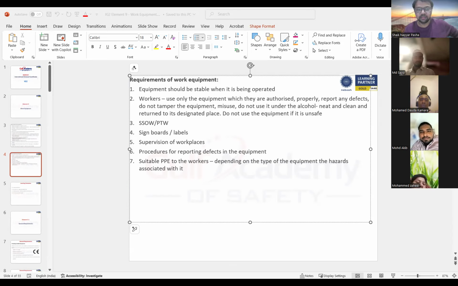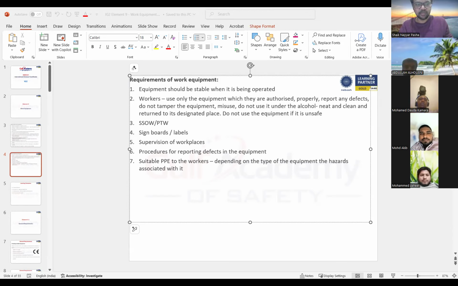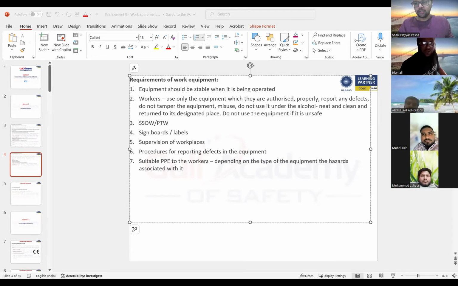Right. Abdul Samad. Absent. Abdullah. Yes, sir. Anshul present. Arman Ali present. Boris is absent. Danish present. Fairuji present.